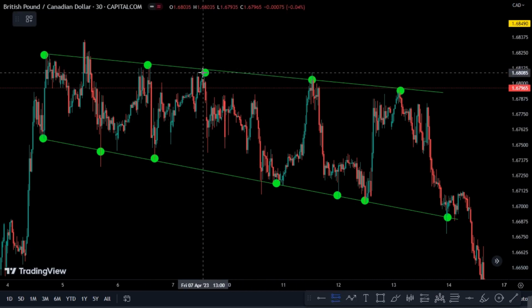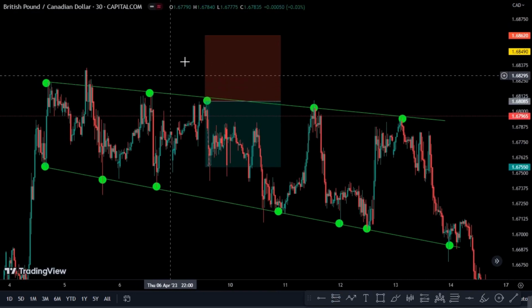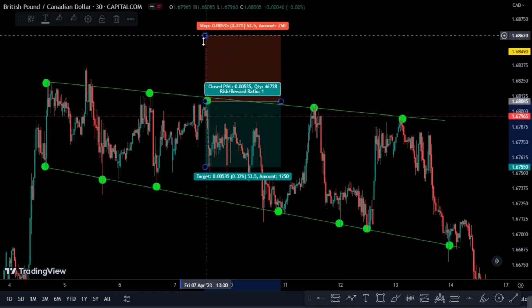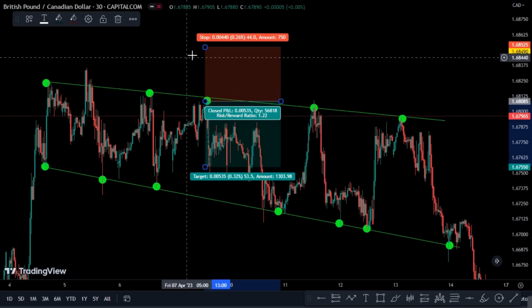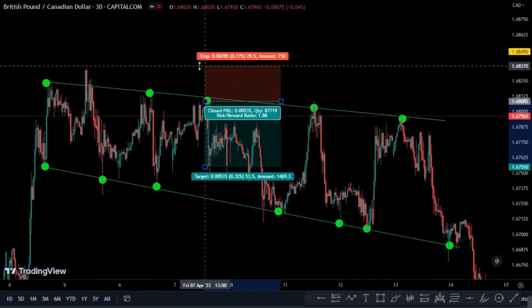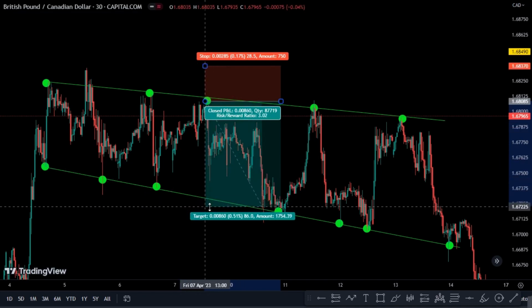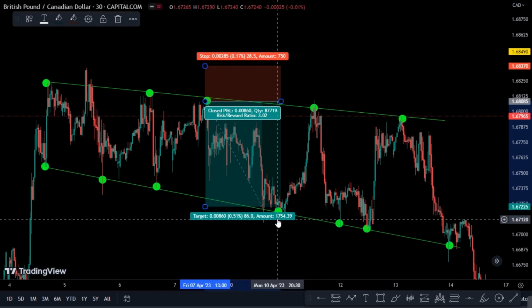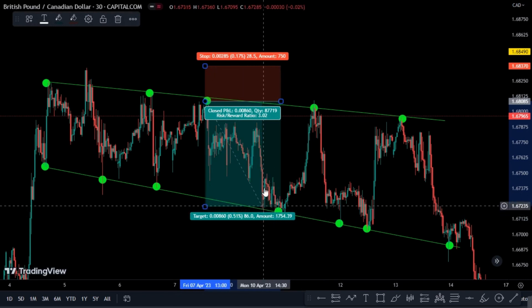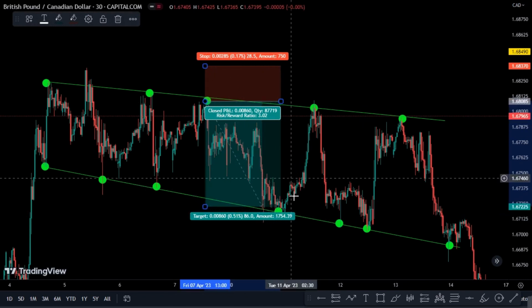And once it gets there, we would anticipate our entry here, and then our stop loss is right above the structure here, which was our fake outs, and that would have been our 28 pip, and then our take profit would have been an 86 take profit, which was matched just like that.